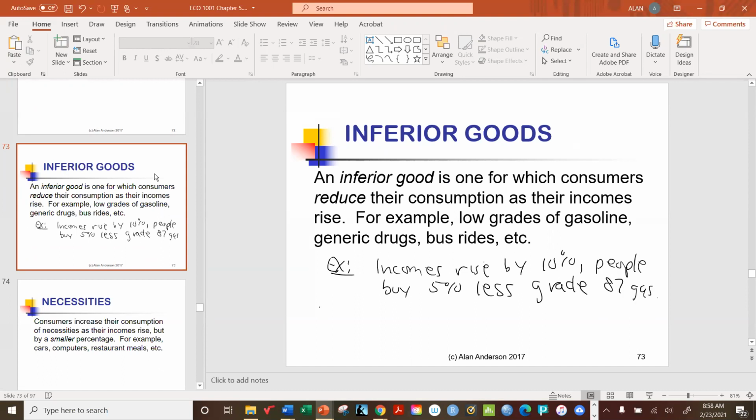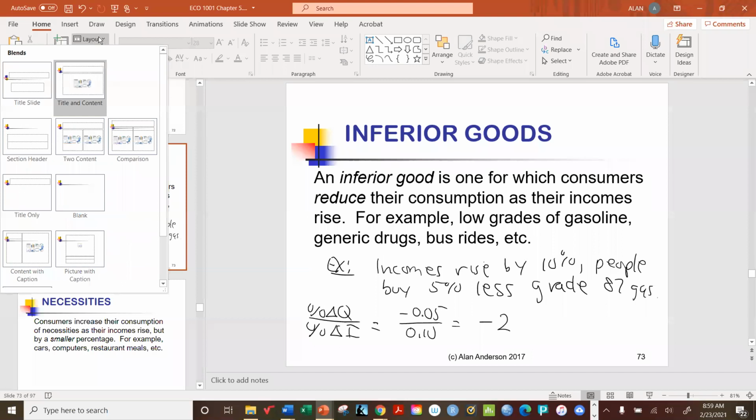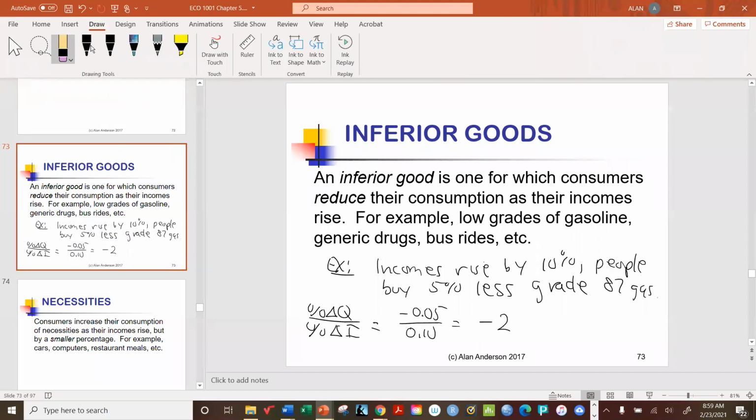So the income elasticity of demand would therefore be minus 0.05 over positive 0.10. And so that's negative one half, not two, negative a half. And so the mere fact that it's negative is what tells us that it's an inferior good.